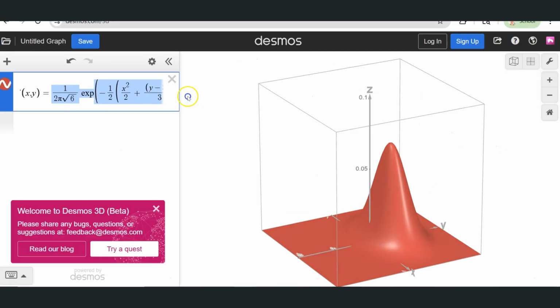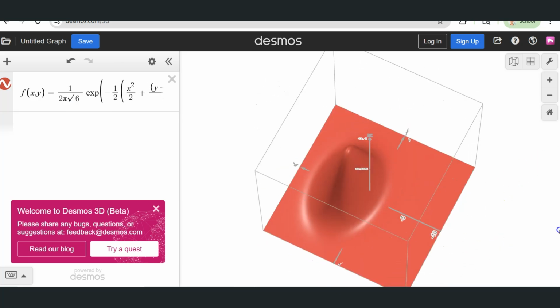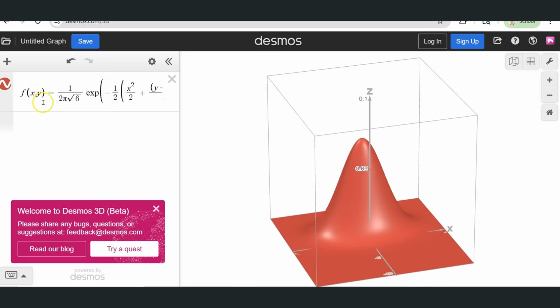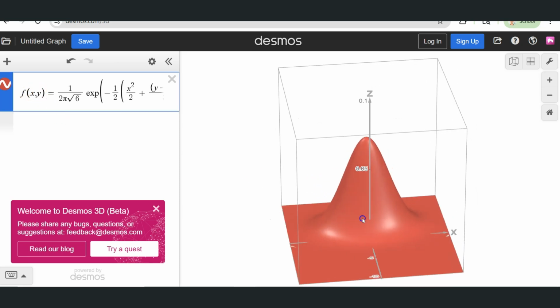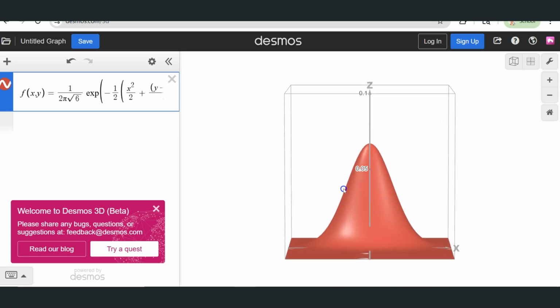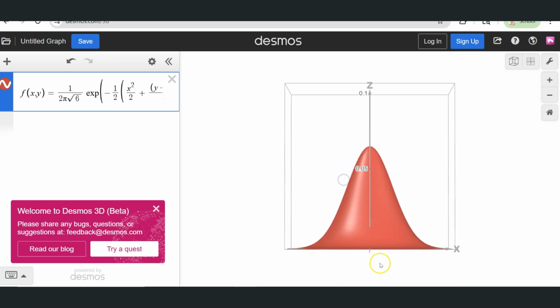So here I've just gone ahead and entered in that PDF, that probability distribution function, and here you can see it. And I'm using, in this case, x for x1 and y for x2. So if we recall, if you just take a look at x by eliminating the y direction, then we have a perfectly nice normal distribution with mean 0 and variance 2.